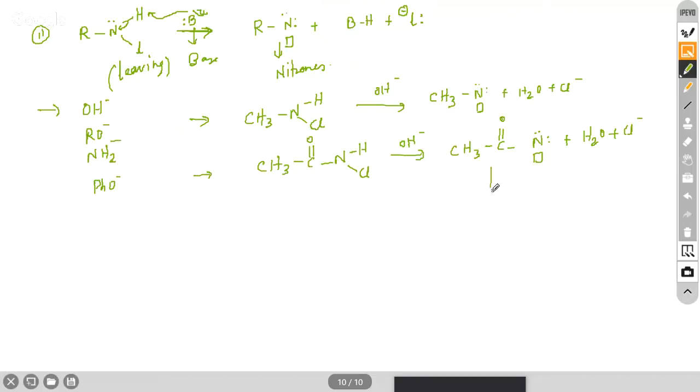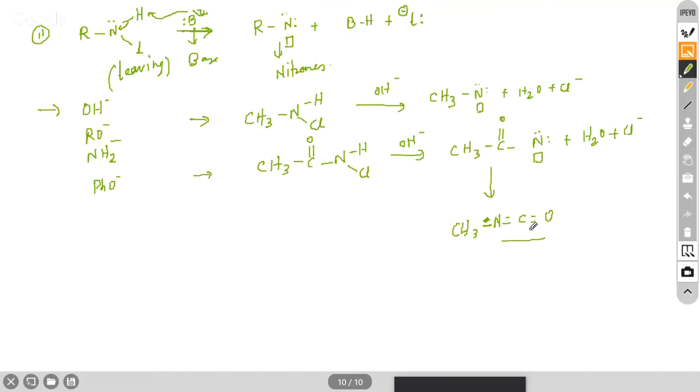And in this what happens? Wolff rearrangement takes place. This will migrate over here and we will get CH3 single bond N, double bond C, double bond O, isocyanate. Right?